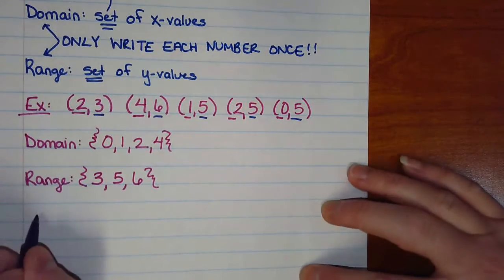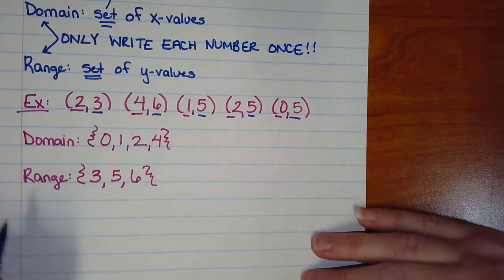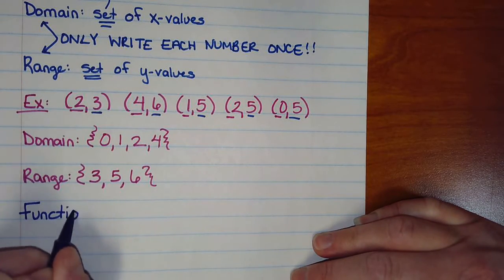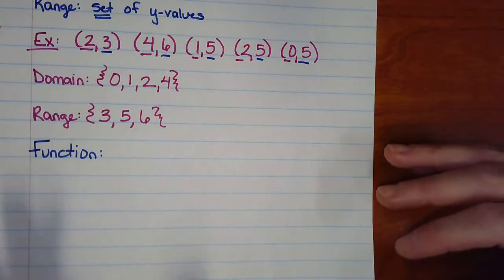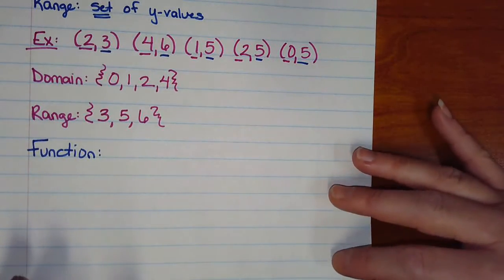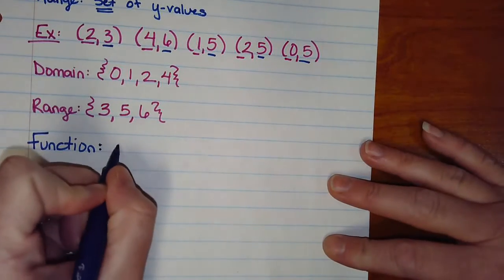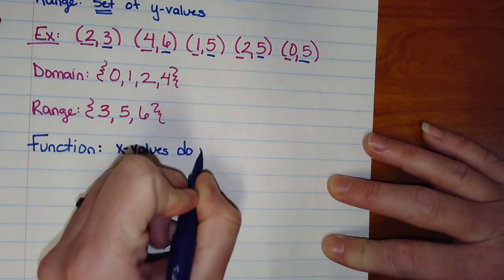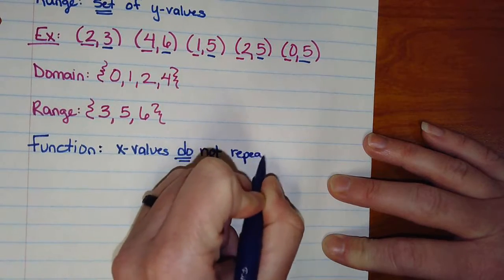Second thing you're going to be doing today is taking a look at your domain and range, at coordinates, and at these things called mapping diagrams, and figuring out if it's a function. The main part of this whole entire unit is that it's a function unit. So what it means to be a function is that the x values do not repeat.